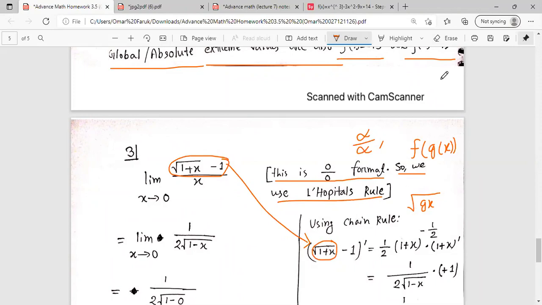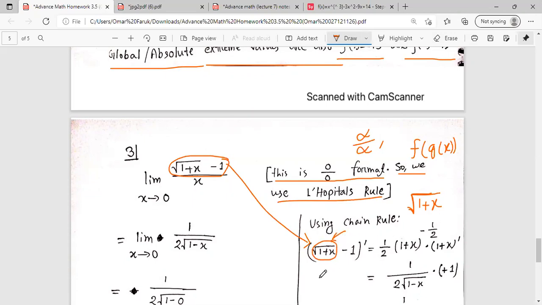Yes. So we have two functions: one is the root and another is 1 plus x. Here we have to use the chain rule, okay? The chain rule means outside-inside derivative. We have to find the derivative of the outer function and then the inside function. The outside function is the root, right?